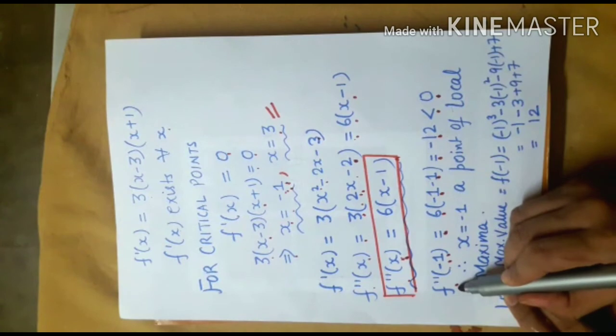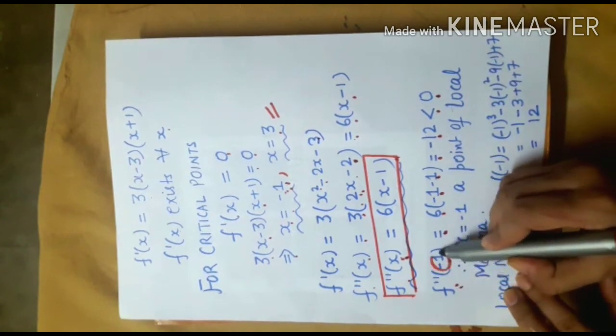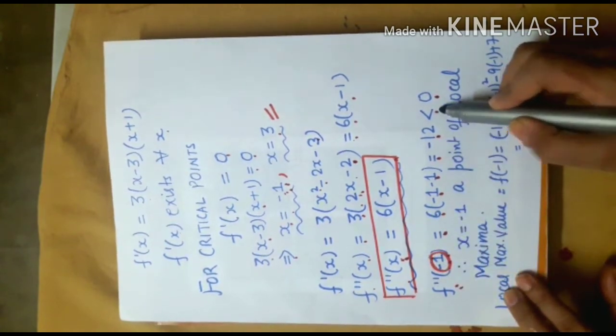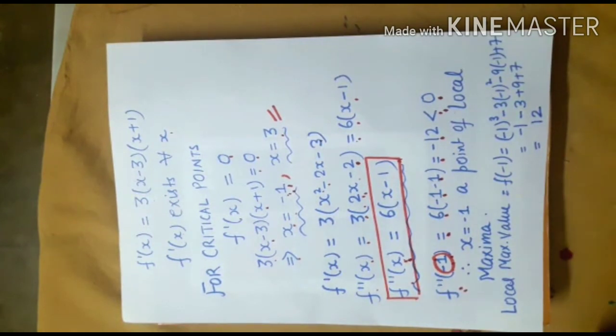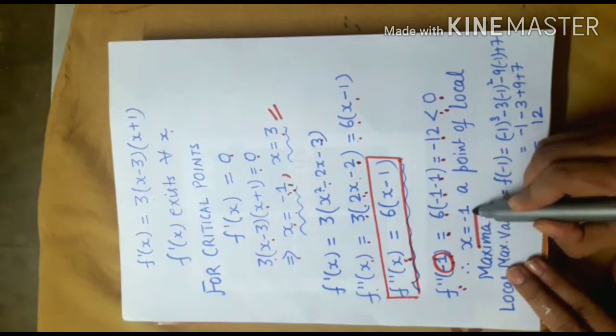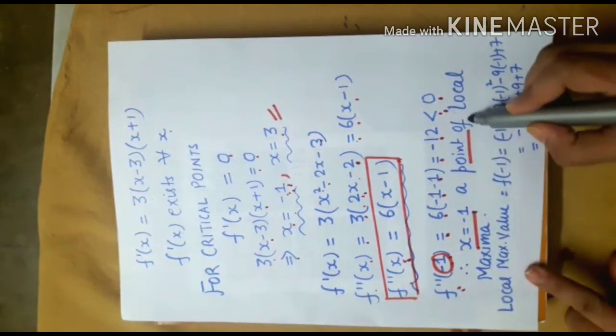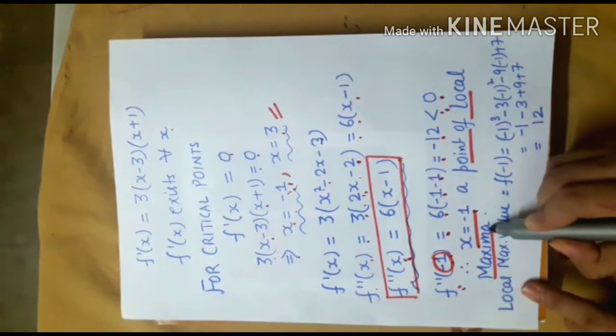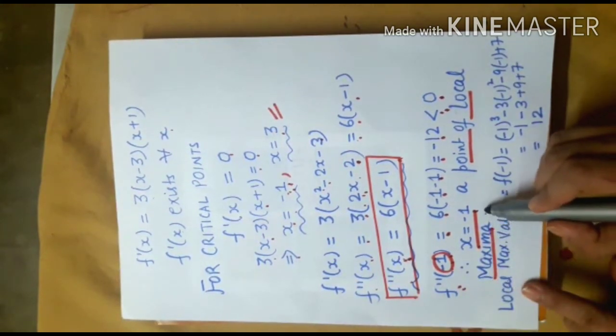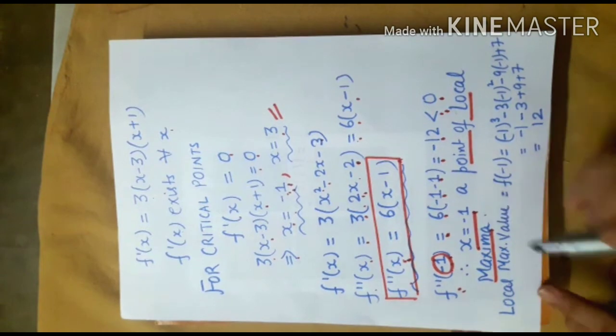So the second order derivative at this critical point is negative. So therefore, by the second order derivative test, x equal to minus 1, that is this point, will be a point of local maxima.